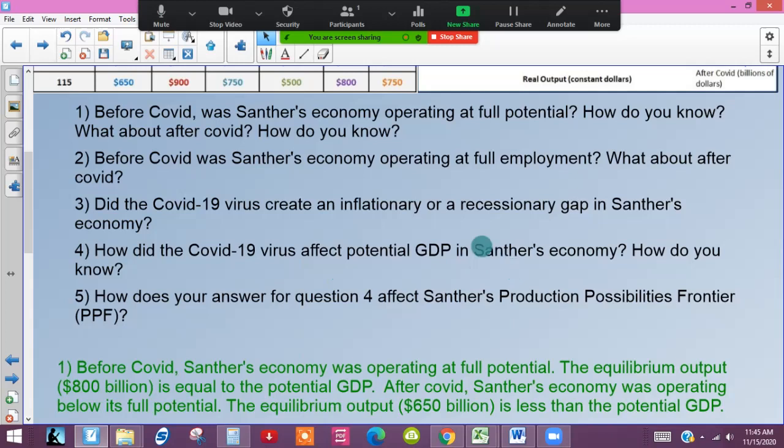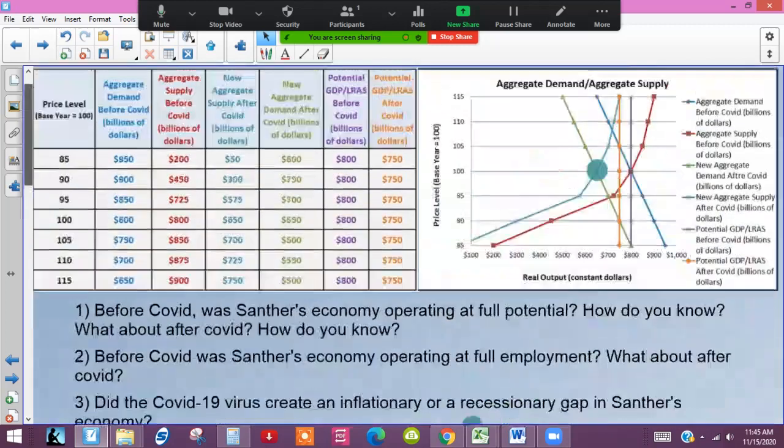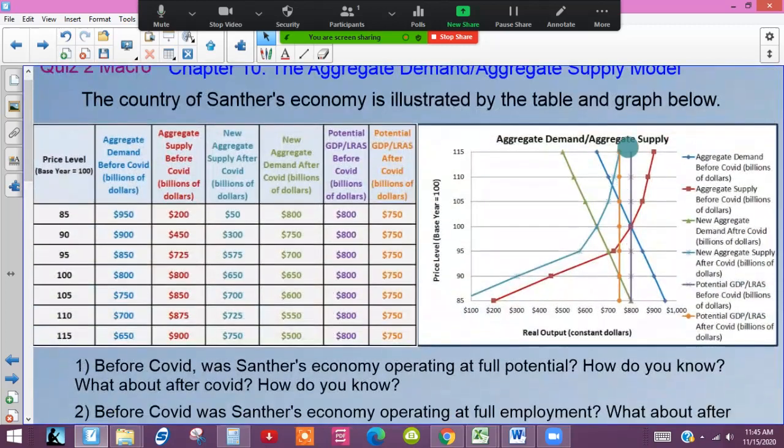How do you know? Well, because the long run aggregate supply curve shifted to the left, we went from the purple here to the orange. We know that the potential decreased. The total economy shrunk or contracted. So the potential now is lower than what it was. It went from 800 billion down to 750 billion. Okay.